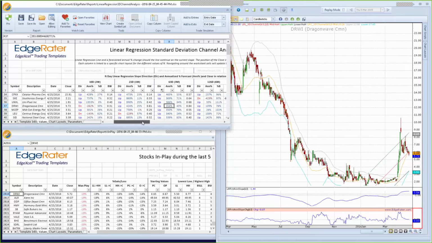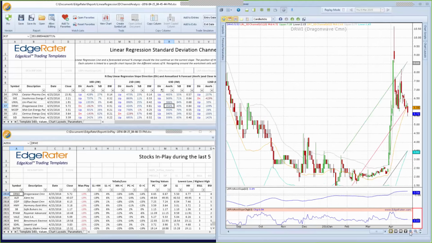Okay, but I'm just going to go down through this list and point out a few things about what you're actually looking at here. With DWRI, you can see that the linear regression line is the red line in the middle here, but the other 2 lines are drawn 1 standard deviation above and 1 standard deviation below the middle line.